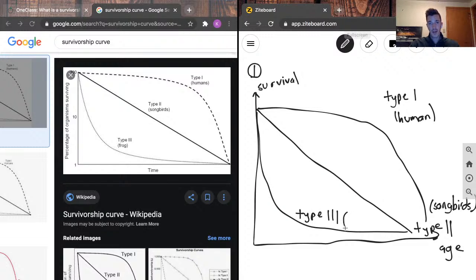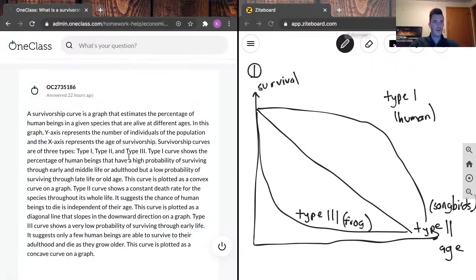Type 3 is frogs, apparently. This might also apply for species that eat their young. I know some in the wilderness that's somewhat common. I don't know if frogs fall into that, but these are the 3 types of survival curves.